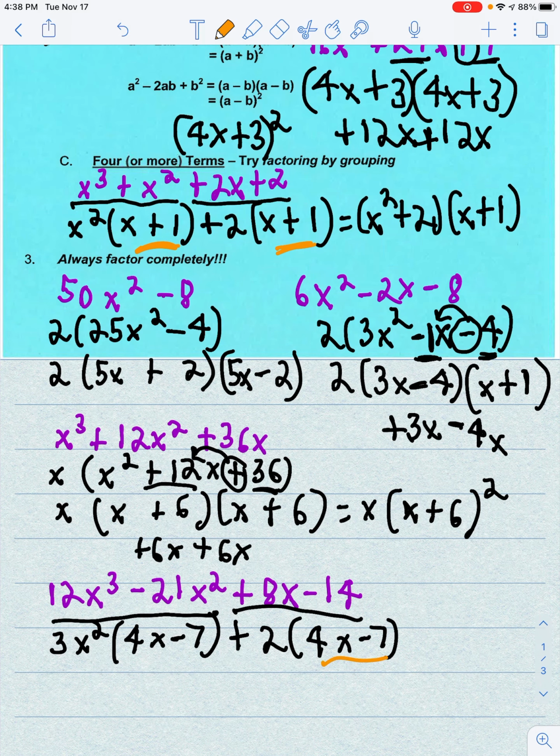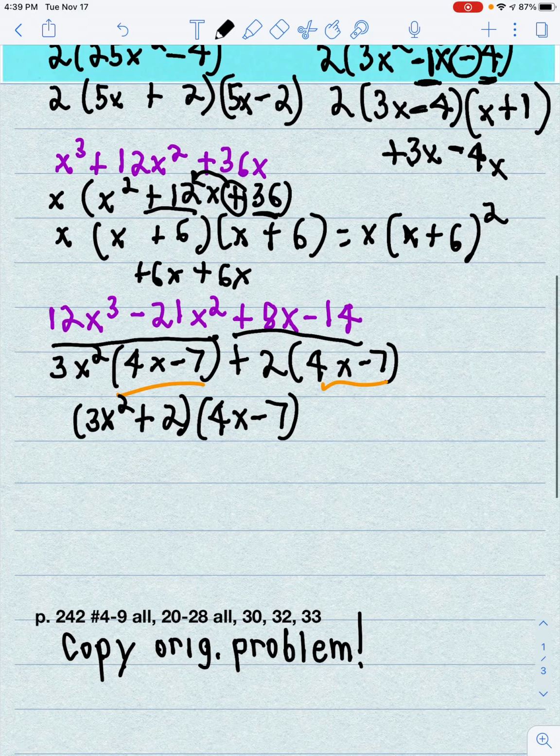As long as these 2 are the same, I can factor by grouping. So I'm going to group together the 3x squared plus 2, and I'm going to multiply it by the common factor of 4x minus 7. And I have now factored completely.